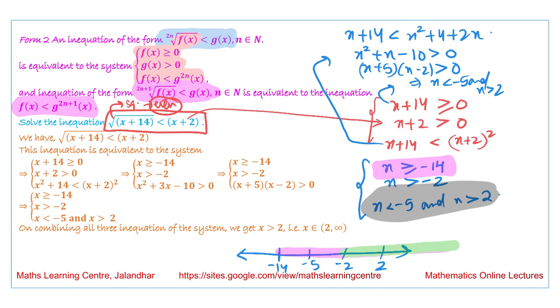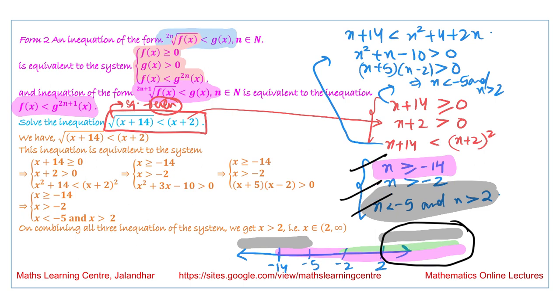We are saying x is less than minus 5 means this portion, and x is greater than 2 means we are talking about this portion. So the common region we have, look at this portion over here, this is the common portion to all these three equations. So the answer we obtain is x belongs to (2, infinity).